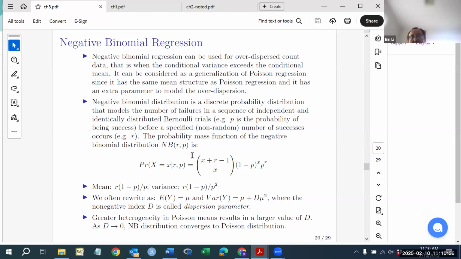Okay, so for the negative binomial, we have two parameters. The first one is p. This one is the same as the binomial distribution. That's the probability of success, or the probability of having y equals 1 for each trial. Each trial follows a Bernoulli, and it's IID.